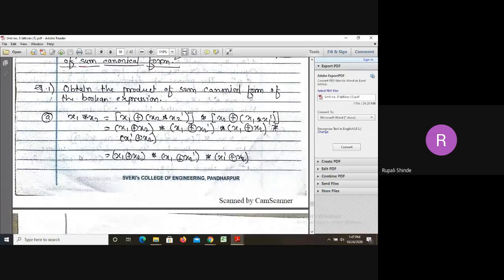Now consider if this consists of three variables. If your example consists of just two variables, we solved it as above. Now consider if it consists of three variables.